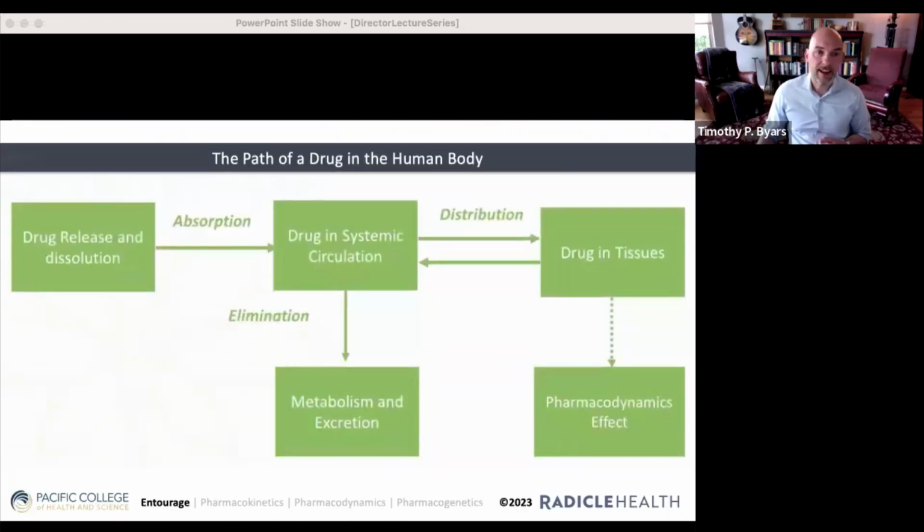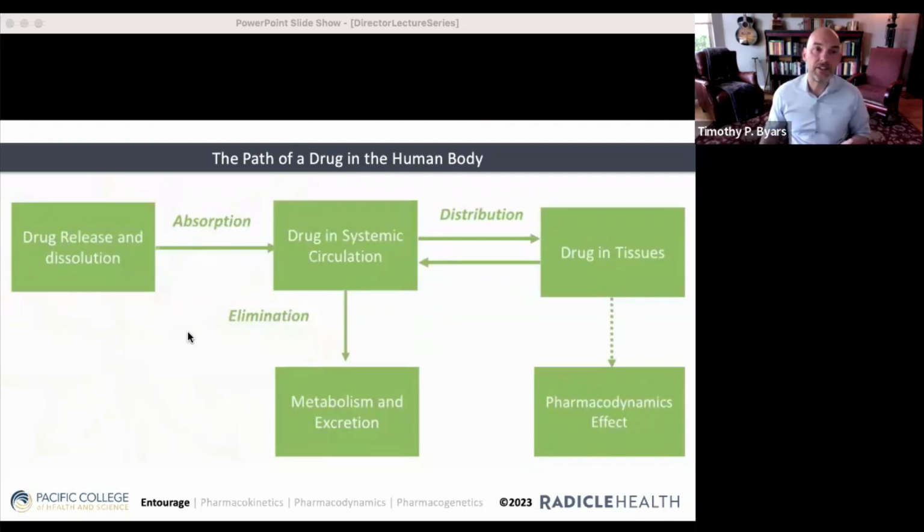I like this slide because I think it's a really simple illustration of how drugs move through the body. In the top left, the box says drug release and dissolution. However the drug is being administered, it's basically absorbed into the body.